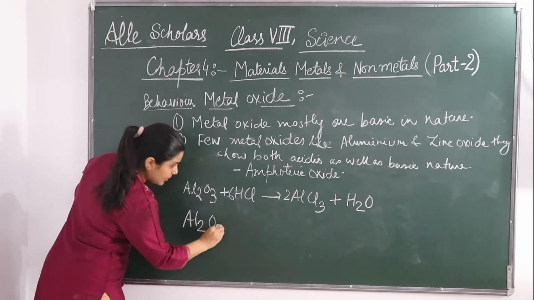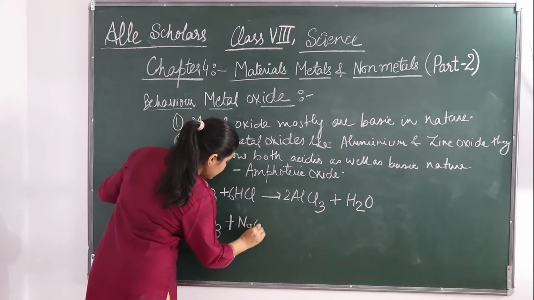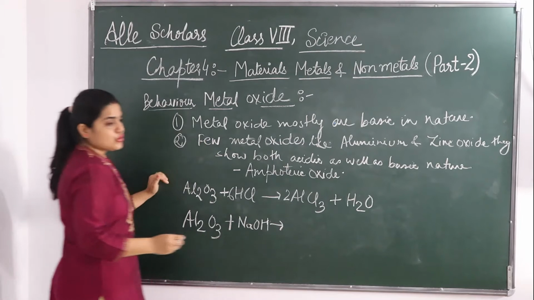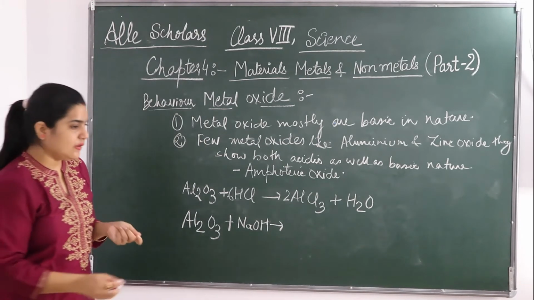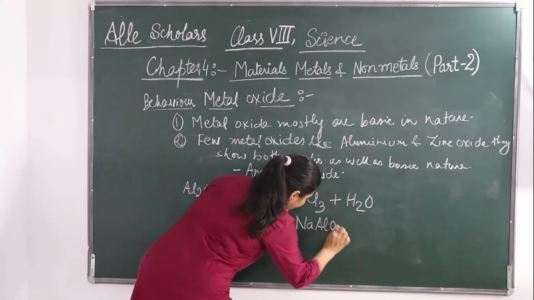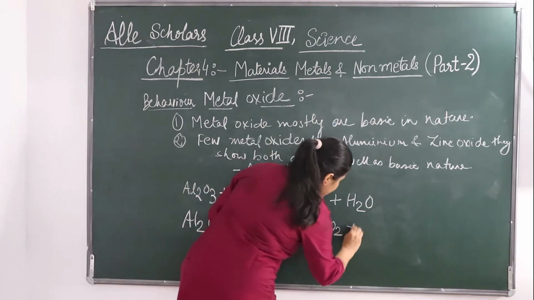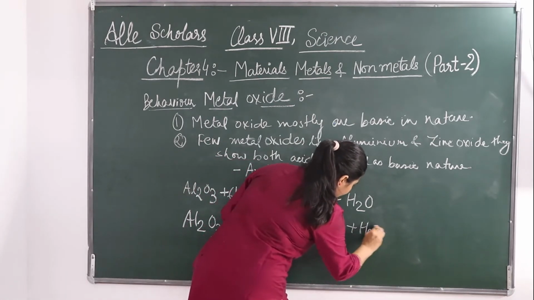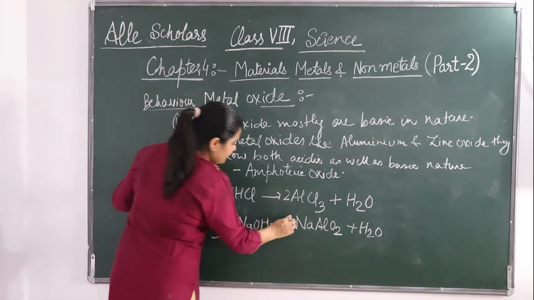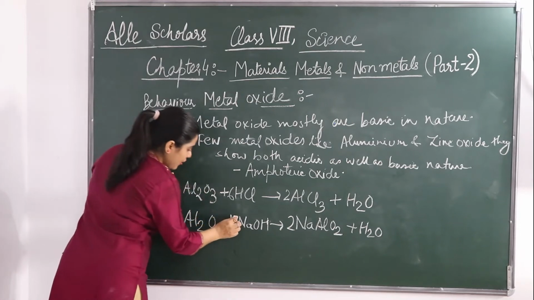Again aluminum oxide, with the base NaOH. Sodium aluminate is formed, NaAlO2, plus H2O. Here also salt plus water is formed.